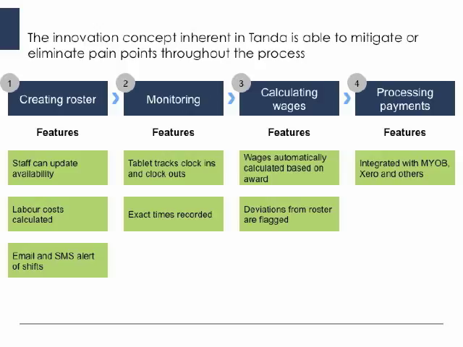The wages are automatically calculated based on the award or enterprise agreement and the relevant features of each employee. Any deviations from the roster are flagged and are brought to the manager's attention, allowing her to address them. And the payment processing is integrated with MYOB, Xero, and other platforms, which allows for the process to be much more simple and easy.